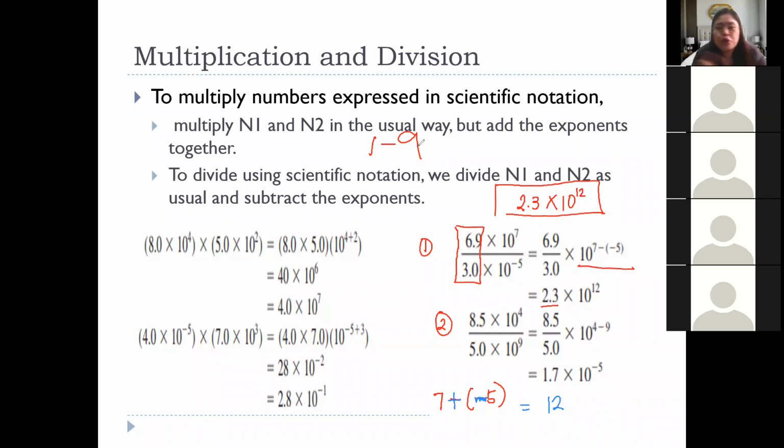Okay, that's how you do it for the division of scientific notations. We only divide the capital letter N's and then times 10, the exponent we subtract. It became addition because it is 7 minus negative 5.